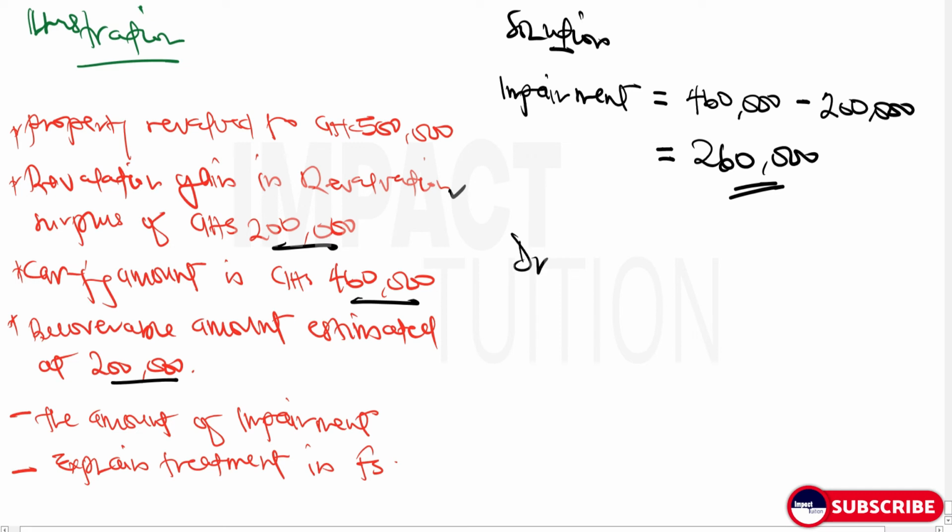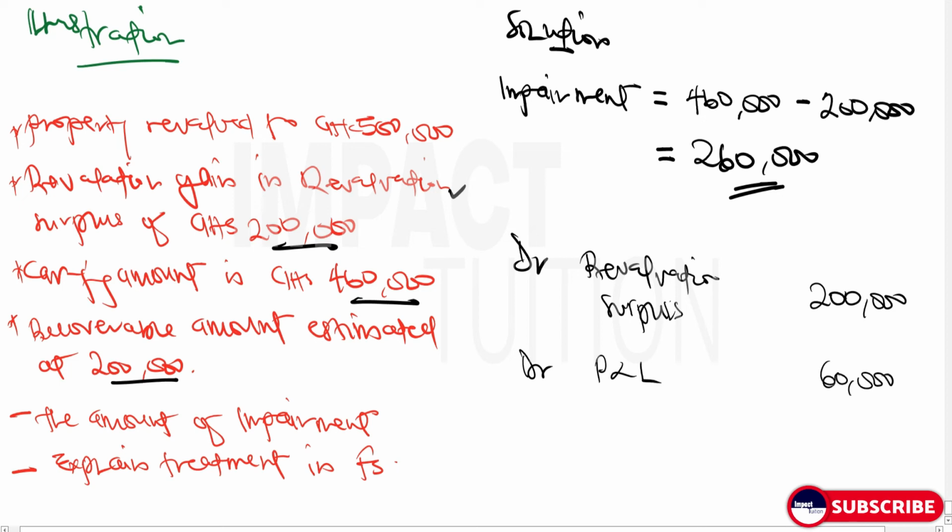So the treatment will be to debit revaluation surplus with 200,000 and then debit the profit or loss with 60,000.